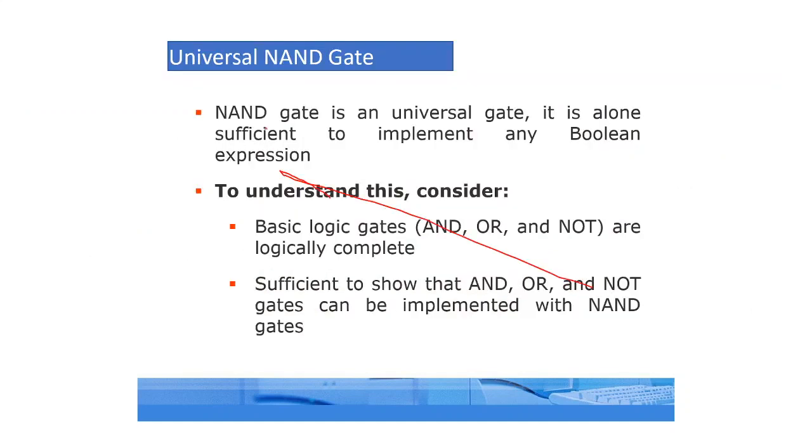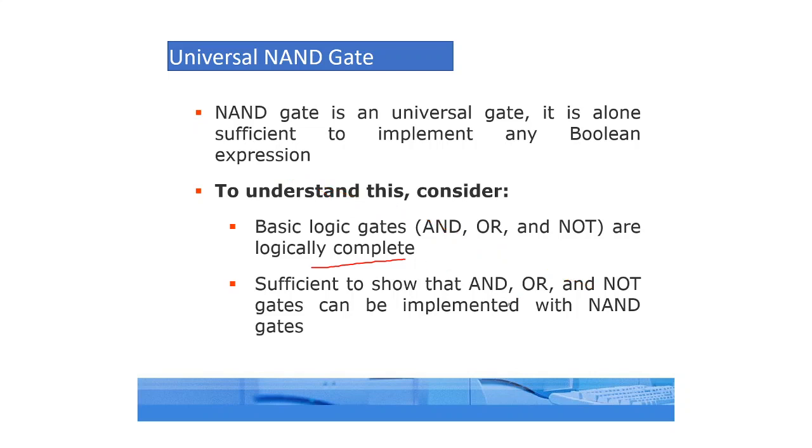Next is the universal NAND gate. NAND gate is also called a universal gate because it alone is sufficient to implement any Boolean expression. We have basic gates like AND, OR and NOT, and these three gates alone are sufficient to implement any kind of Boolean expression, so they are logically complete.